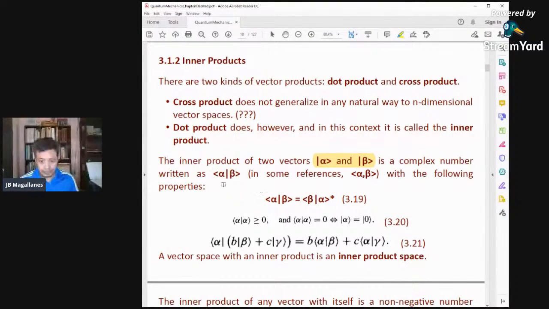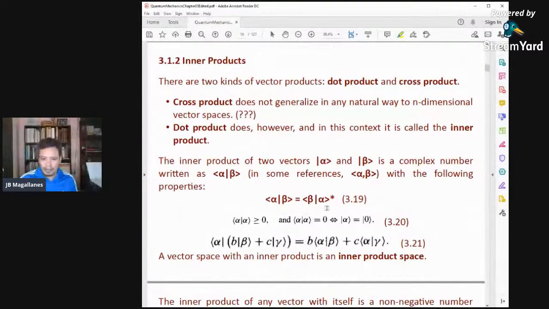So you have this as a notation, and in some other references you can find this, but it's the same as this. Anyway, in this book, we're using the dot product or the inner product to be alpha, beta here, the bracket notation. This is the ket. This is called the bra, and that's why they're combined. It's called the bracket.